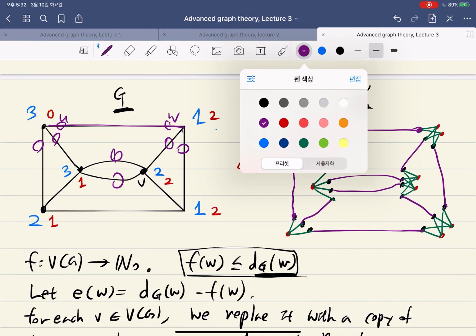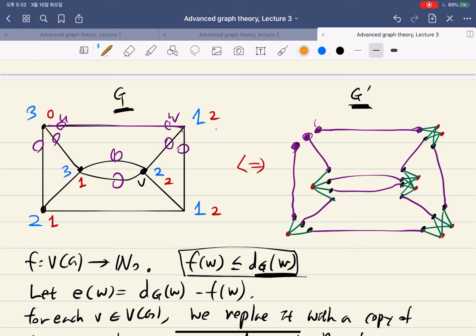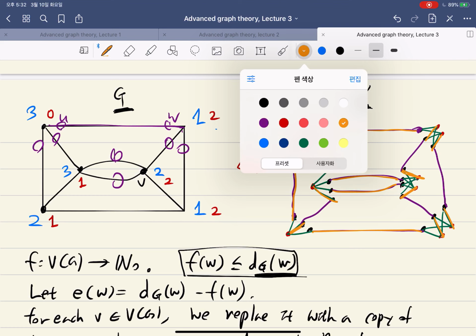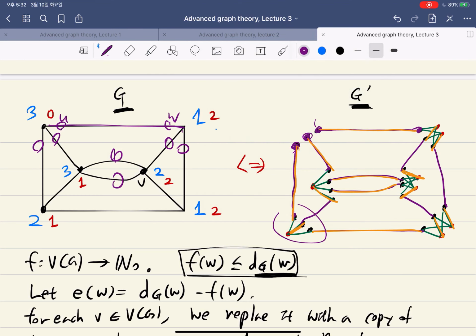Because if you have, say, a perfect matching here, perfect matching means that this vertex is covered.